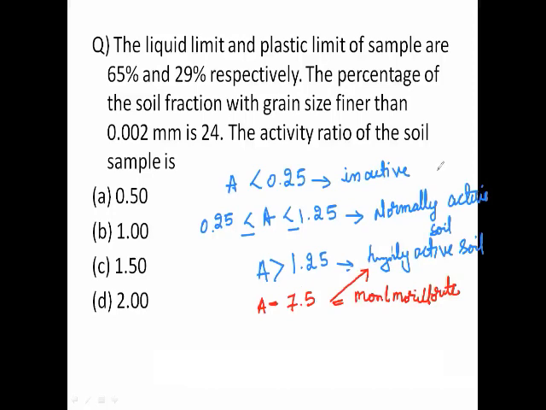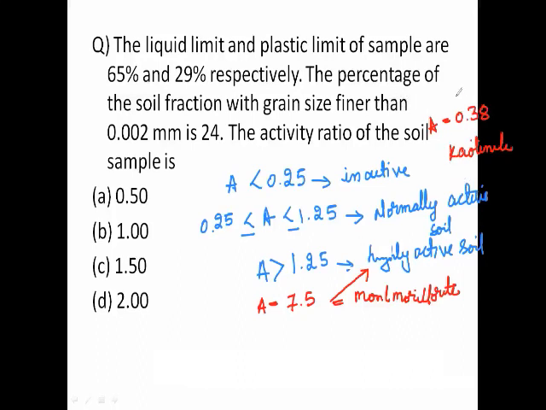Another one is Kaolinite, which is responsible for zero shrinkage as well as zero swelling. It has an activity value of 0.38.